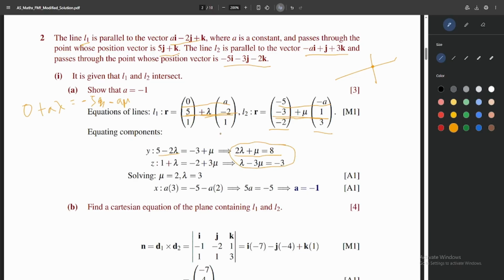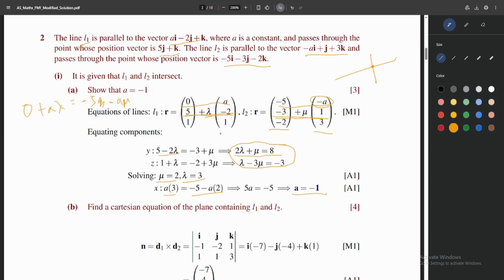So basically just elimination or substitution, and then we will have the mu and lambda values. We use those for the first equation, because the first equation had the a value, right? It was an unknown, that's why we used the second and third equations first. Since we have the parameters, we can use them on x, and using that we will get the value of a.